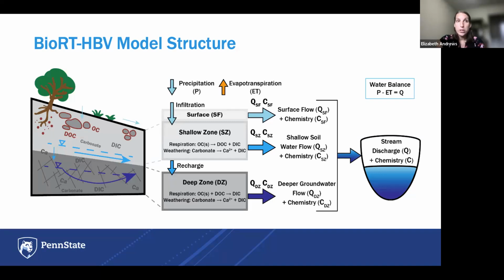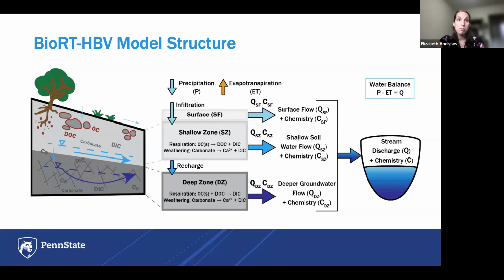And they both are inputs. Precipitation and evapotranspiration are inputs to the surface, or outputs in the case of evapotranspiration. We have infiltration, some infiltration through the surface and some runoff. And we have chemistry of the surface runoff along with the discharge of the surface runoff. Then what infiltrates into the shallow zone, we have, again, a movement of the solute and the fluid out through the shallow zone, and that can contribute to the stream.